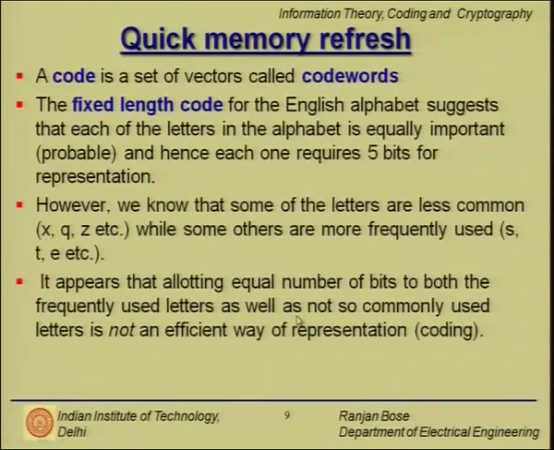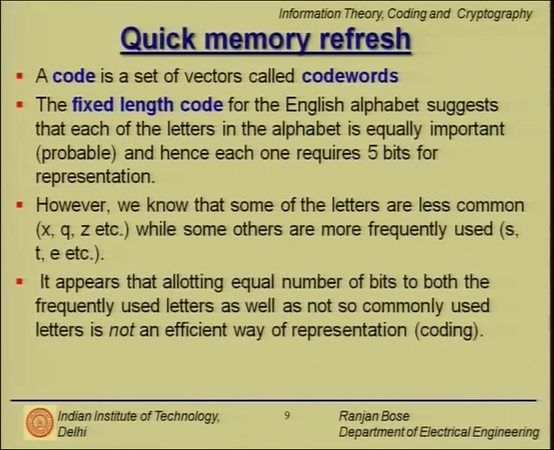But why are we doing all of this? Well, our ultimate aim is to efficiently represent symbols. We would like to code them so that we use the minimum number of bits to represent the symbols. For that, we defined codes and code words.